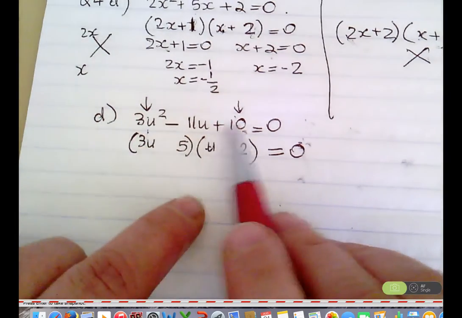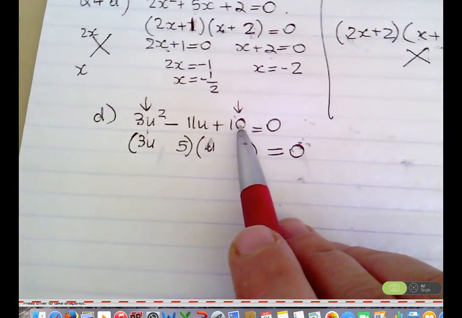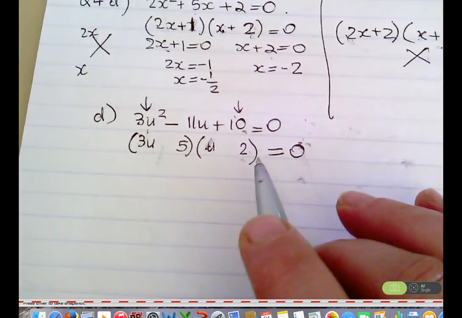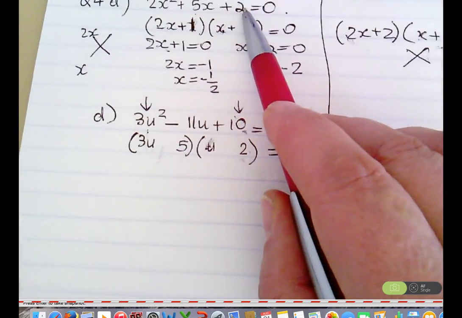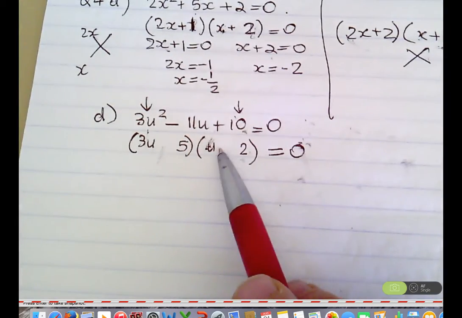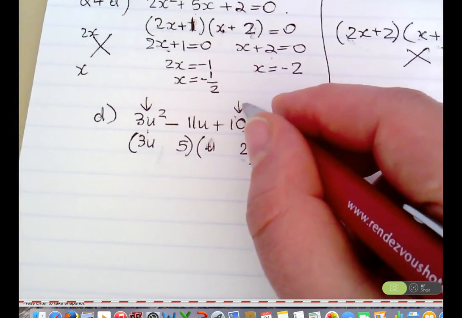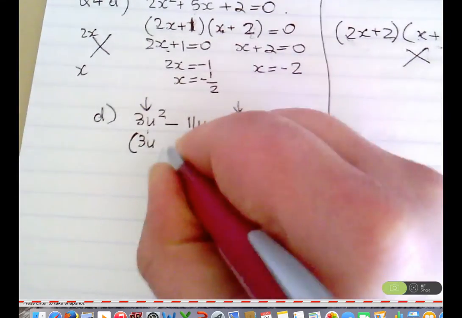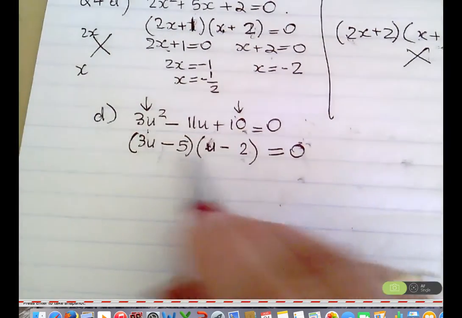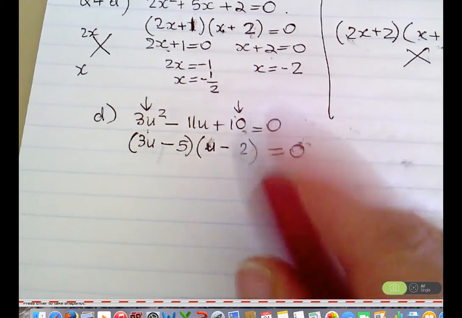Now, if this is positive, but that's negative, how do you multiply 2 numbers to get a positive? They've either both got to be positive, or they've both got to be negative. When you've got a plus on the end, the constant, either these are both going to be plus, or they're both going to be minus. Because I need 2 numbers to multiply to give 10. It's minus. So I've got 3u squared minus 6u minus 5u is minus 11u plus 10.